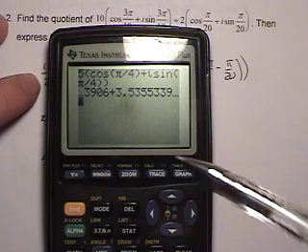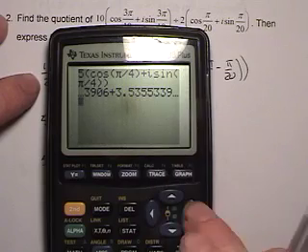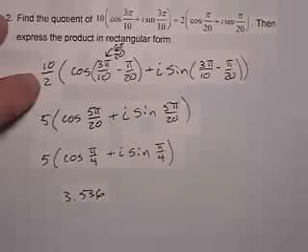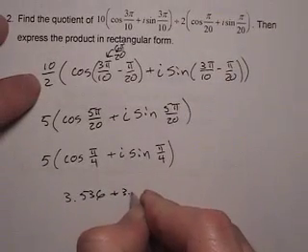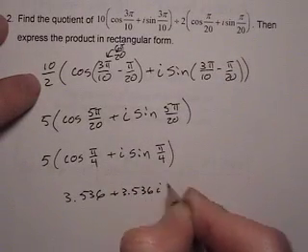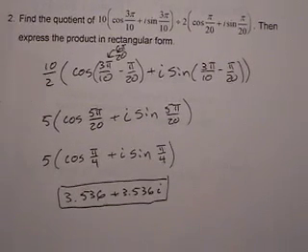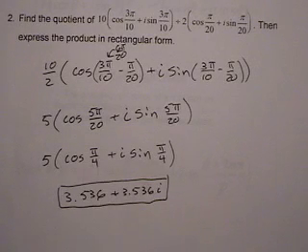It looks like 3.536. If you keep going, you'll see the i, so plus 3.536. We expect them to be the same because sine and cosine of 45 are both rad 2 over 2. Depending on what quadrant you're in, we're in the first quadrant, so they're both equal. Then you're good. All right, products and quotients.